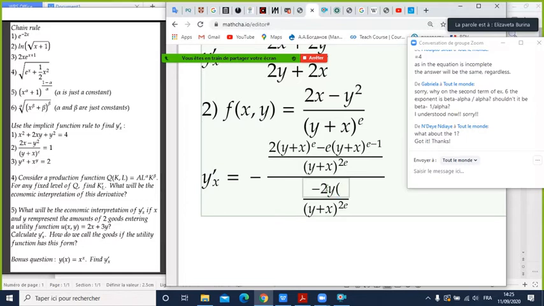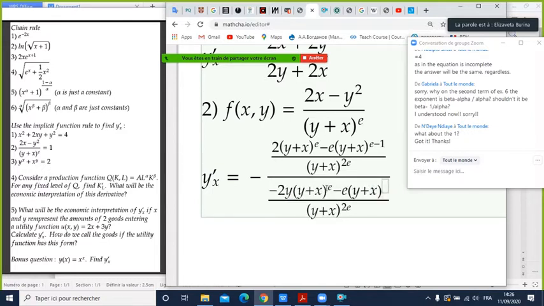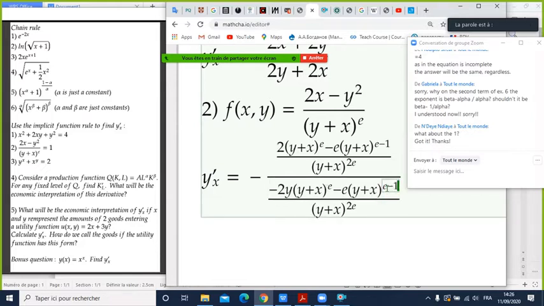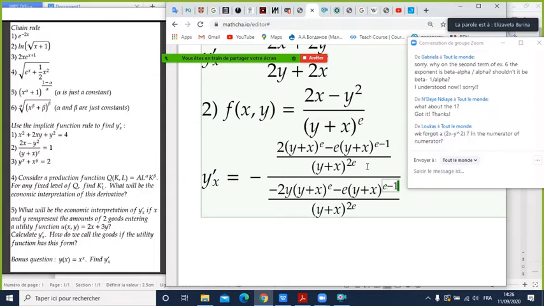We multiply it by the denominator, to the power of e, then we do minus, and the derivative of the denominator with respect to y is symmetrical to the one with respect to x, and it will be e times y plus x to the power of e minus 1. Okay, perfect.